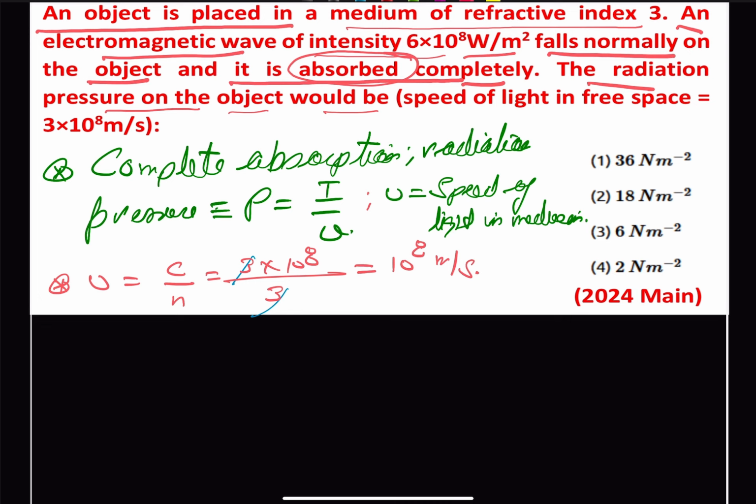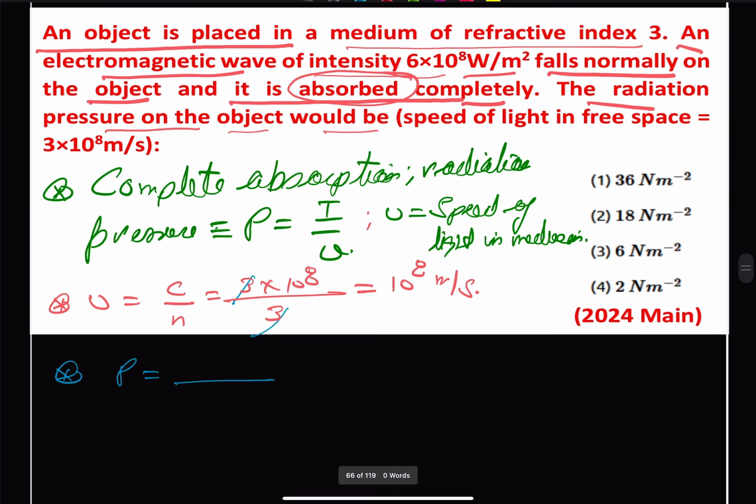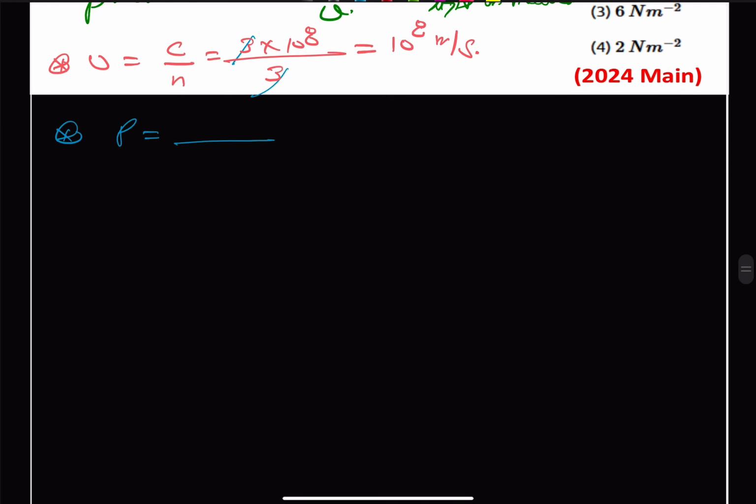So intensity is given. We can easily find out our radiation pressure. That is, the pressure is equal to I, given to us as 6 into 10 to the power 8, divided by velocity, that is 10 to the power 8.